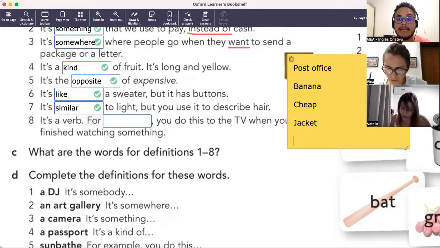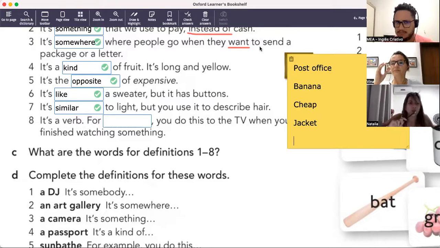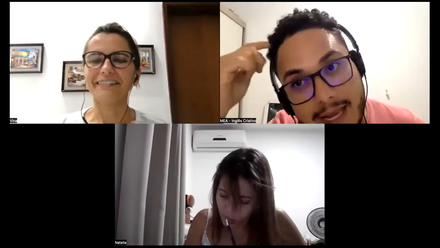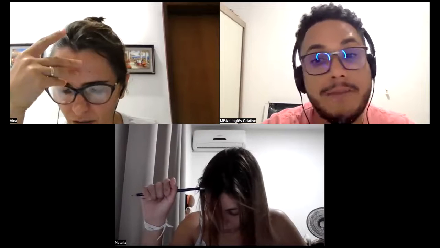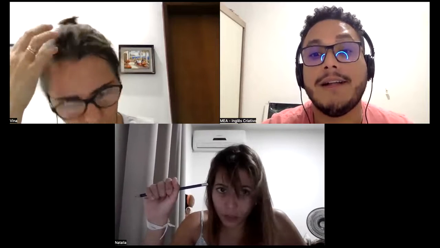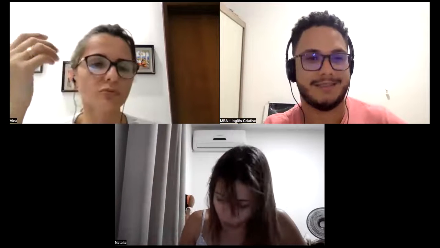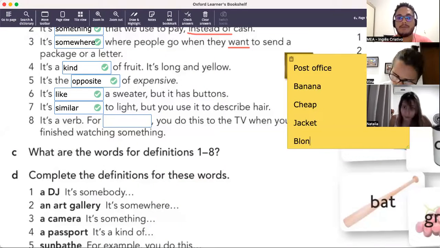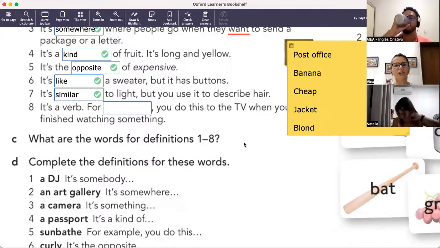Remember that light, guys. It's not only light. It is used to describe hair. Blonde. Correct. Blonde.